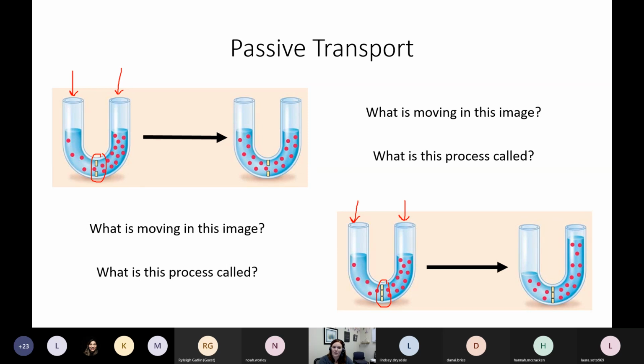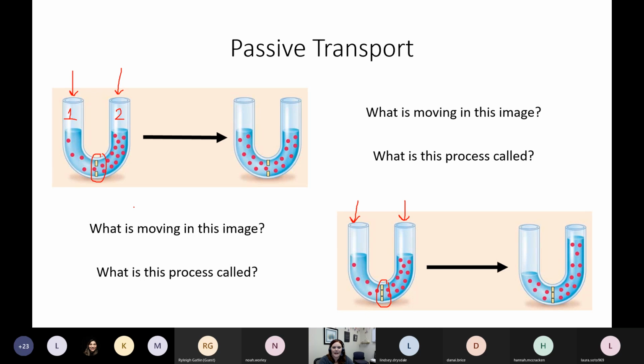So I can count the number of solutes or just generally look at them to get an idea about their concentration. Not a trick question. Let me label our sides here for us. Does it look like side number 1 or side number 2 has more solutes?